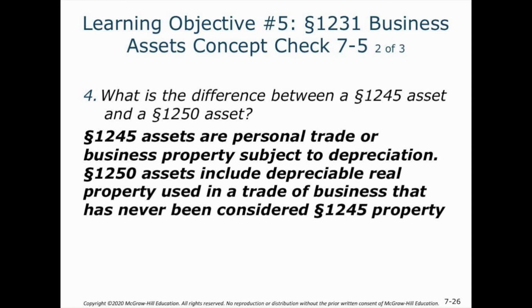The 1250 asset, the difference between the accelerated depreciation and the straight line depreciation would still be an ordinary gain, but the important thing is that the difference between the straight line depreciation and that cost is going to be at that 25%, and then the amount over the cost being the preferred rate or the capital gains rate.